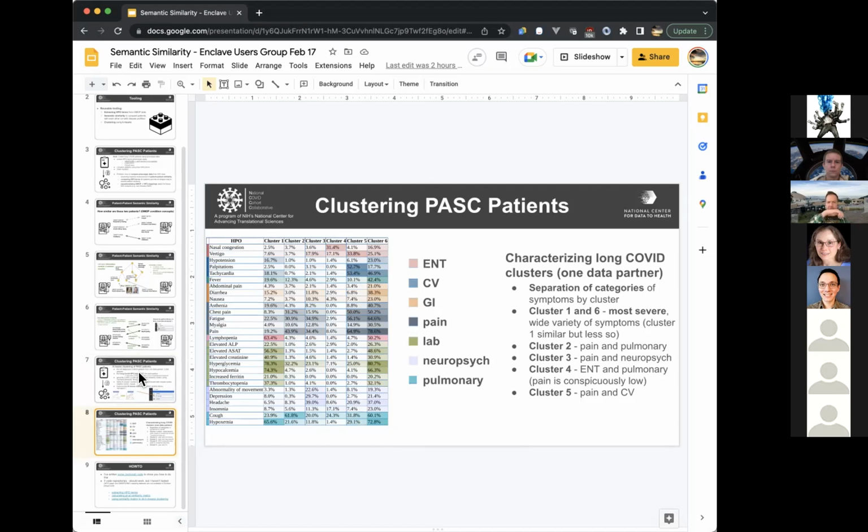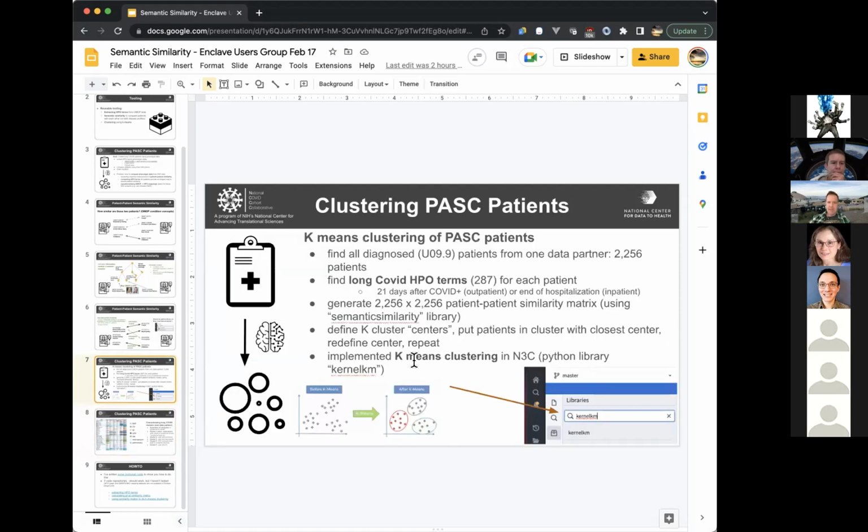I won't go into this too much, but in this same package, k-means clustering, we also wrote quite a bit of helper code. If you have a group of patients clustered into, say, 6 clusters, you can use the HPO terms themselves to define the clusters. Say we were talking about hyperglycemia before.